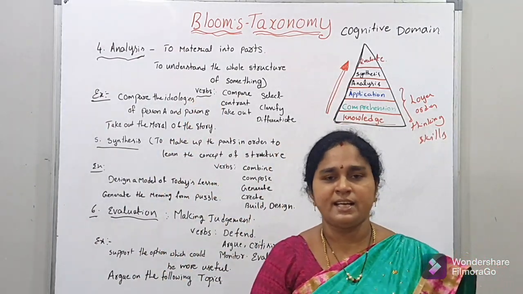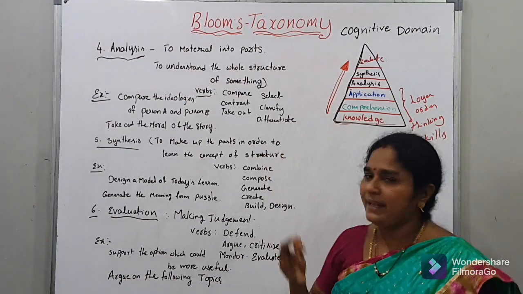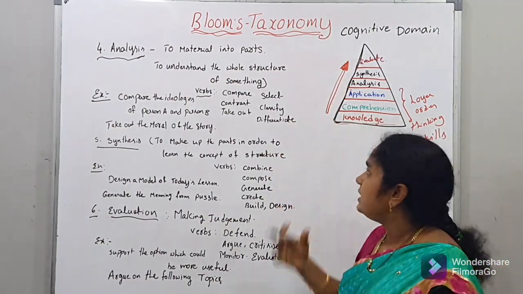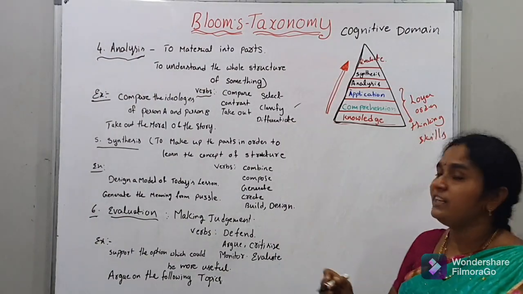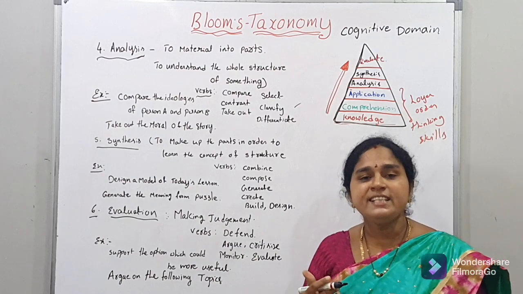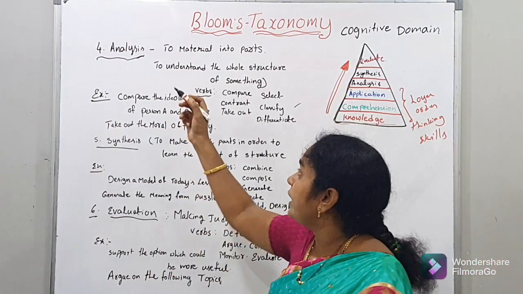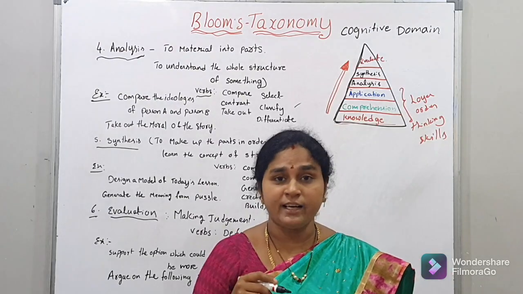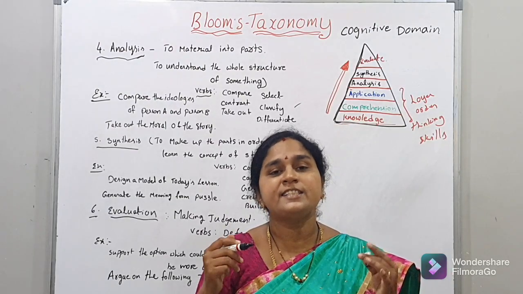At the analysis level, we are using verbs such as compare, contrast, take out, select, classify, differentiate. These are the verbs we use in analysis. That is very difficult. That's why these are called higher order thinking skills.